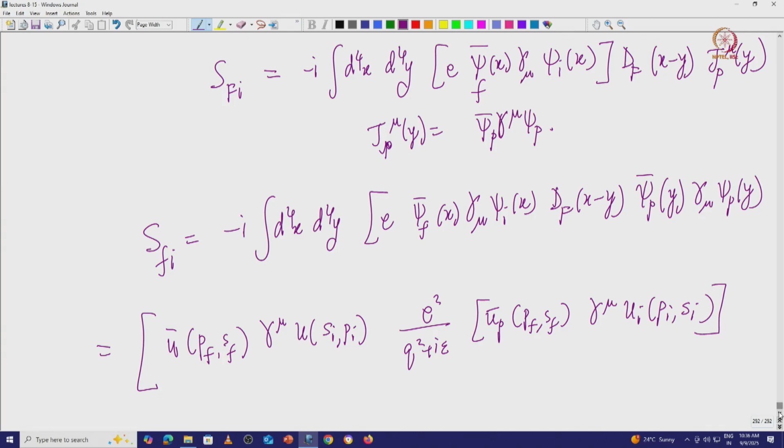The delta function factor, everything together, this is your iM essentially.